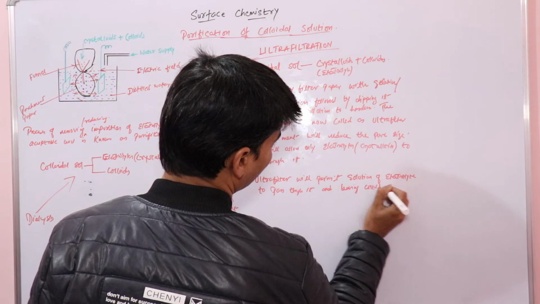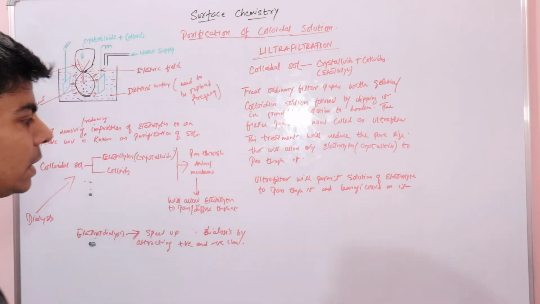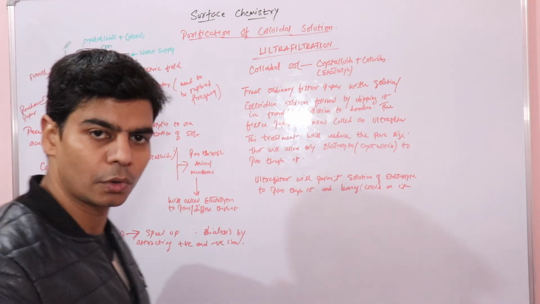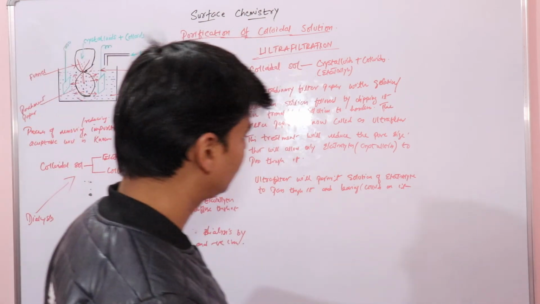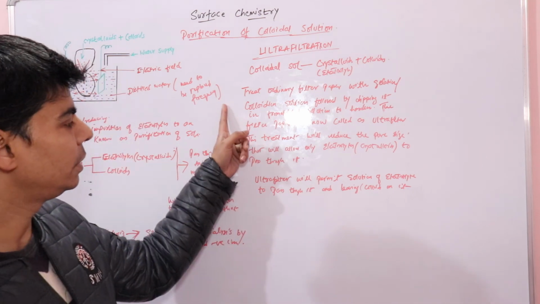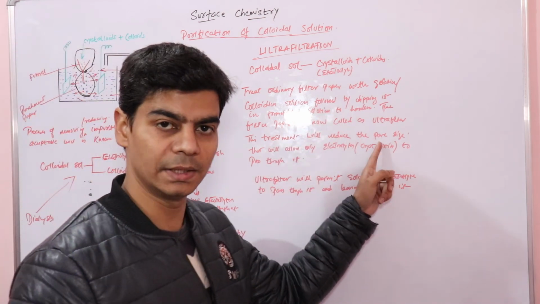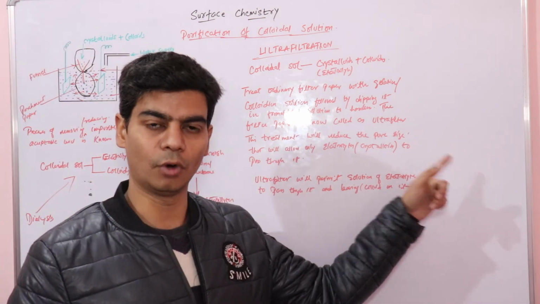colloids on it, right? So colloid would be treated with the dispersion medium to get back the pure colloidal solution, right? This is quite simple, right? You just have to remember that ordinary filter paper needs to be treated with gelatin followed by formaldehyde solution.